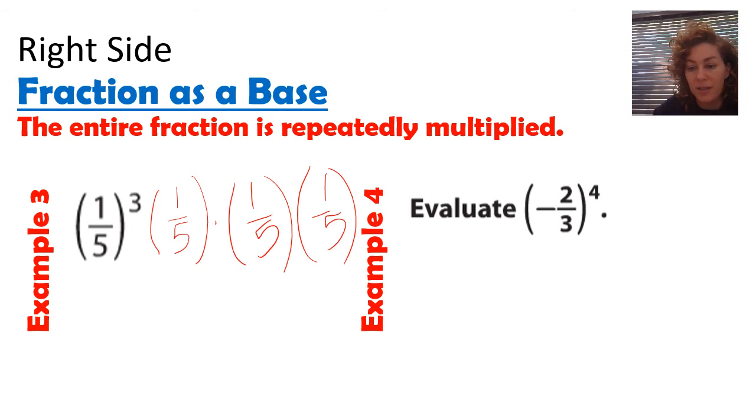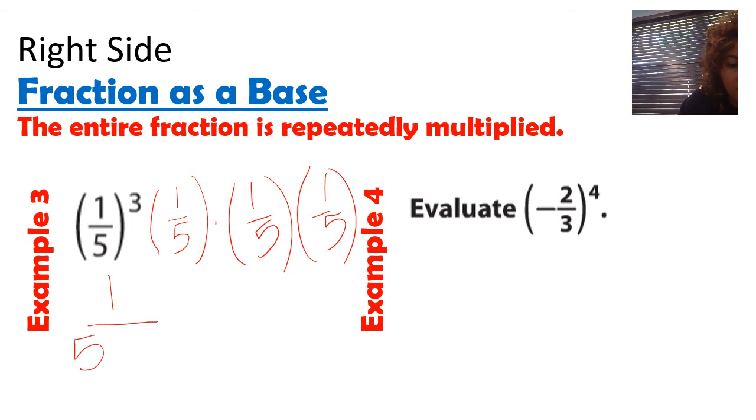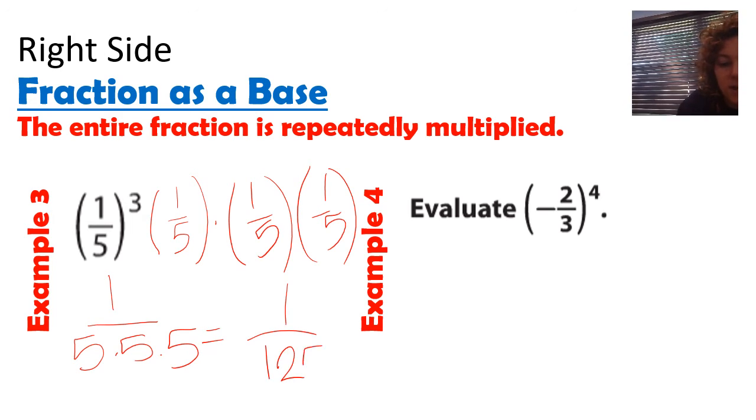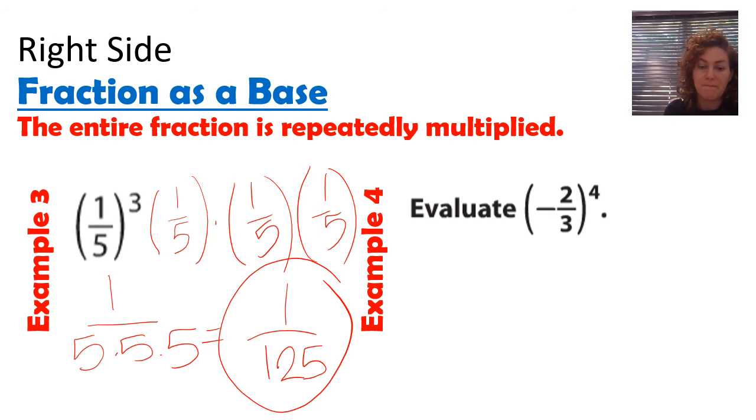So the entire fraction is repeatedly multiplied. If I was going to do this, I would just multiply straight across. So it's 1 over 5 times 5 times 5 which is 1 over 125. That's how I would evaluate that.